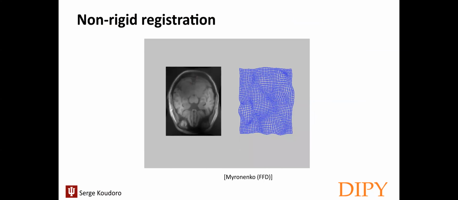Here is an example of a non-rigid registration. Non-rigid registration methods are capable of aligning images where correspondence cannot be achieved without a localized deformation.